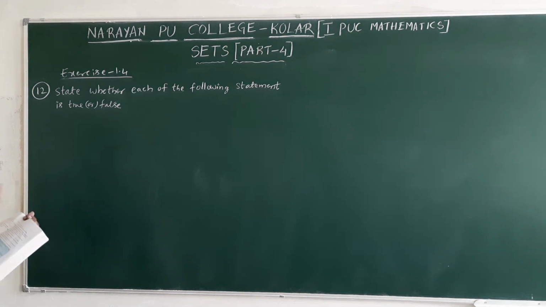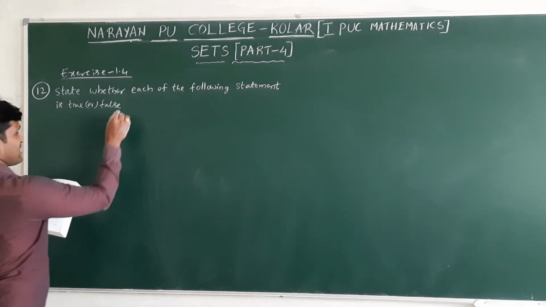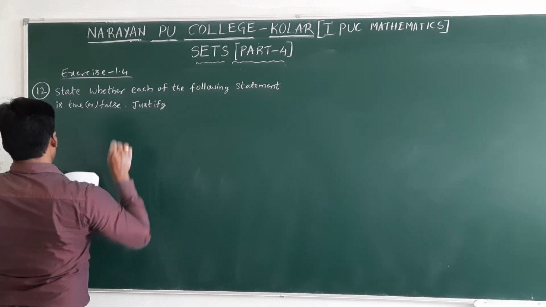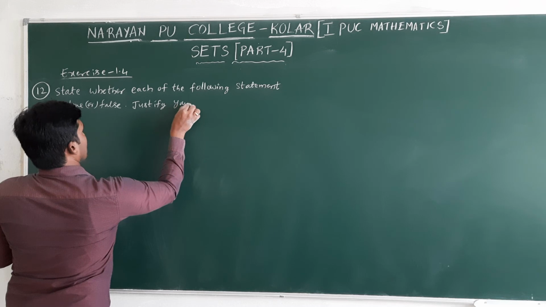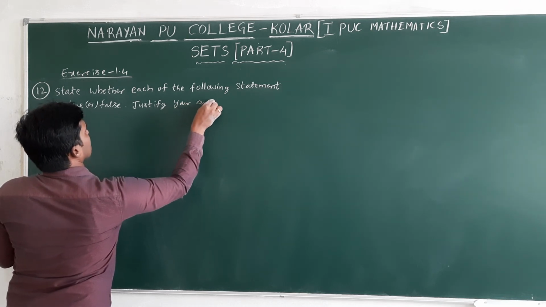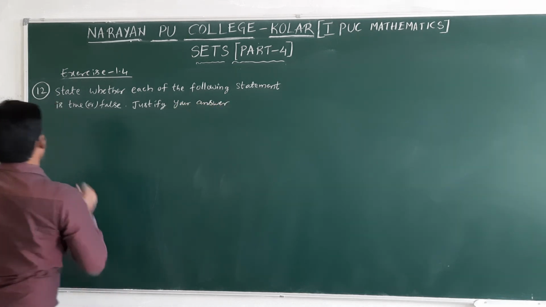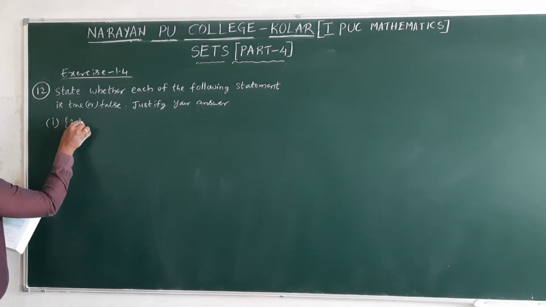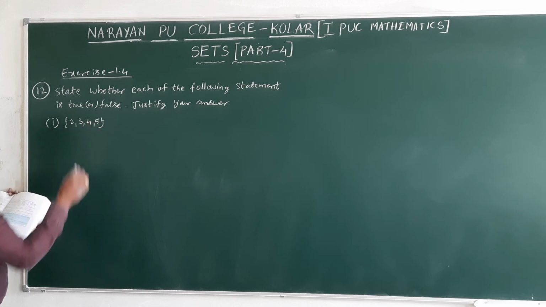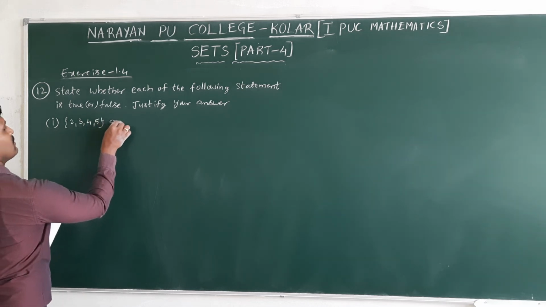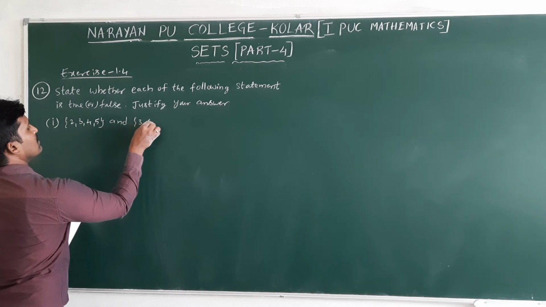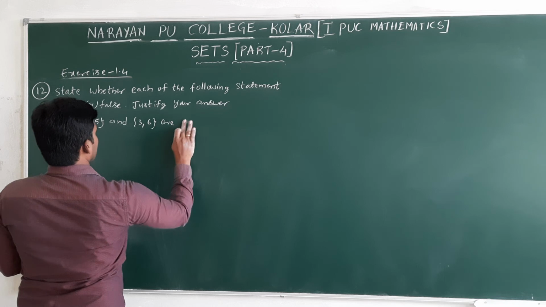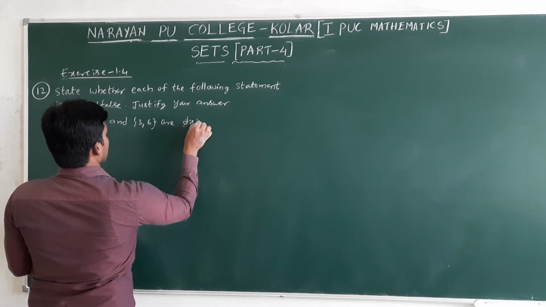This question is only for understanding purposes; they won't ask it in the exam. The first question: the sets {2, 3, 4, 5} and {3, 6} are disjoint sets.